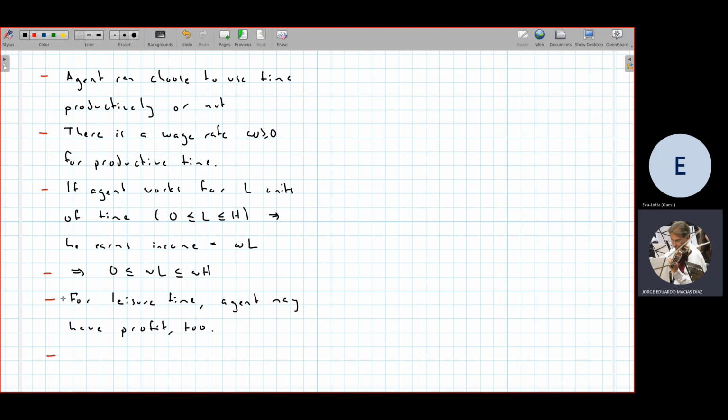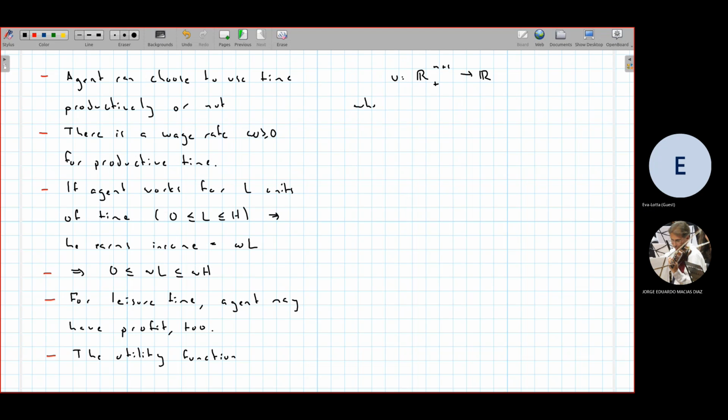In this case, there will be a utility function. It's going to be a function that goes from R plus n plus 1 into R, and I'm going to describe this function.